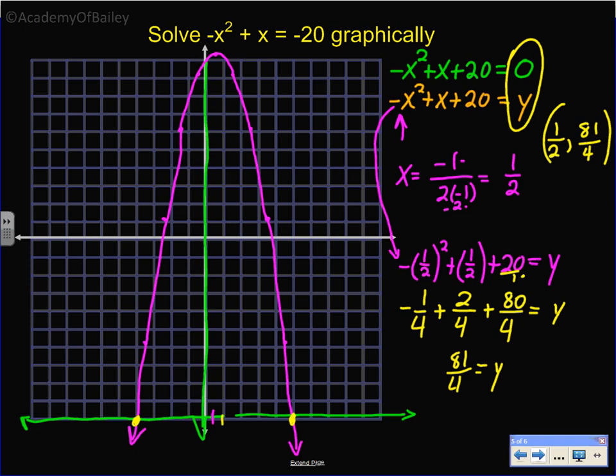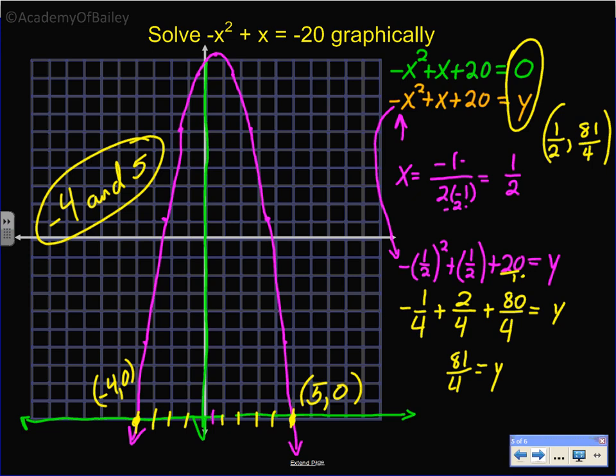If we count 1, 2, 3, 4, 5, so (5, 0) is that x-intercept. And 1, 2, 3, 4, negative 4, 0 is that intercept. So therefore, our answers are negative 4 and 5. And you have solved that quadratic function by graphing.